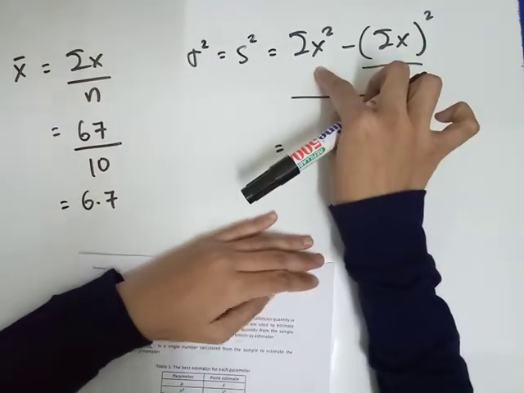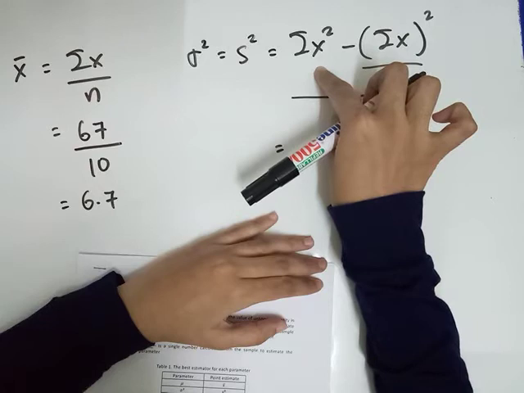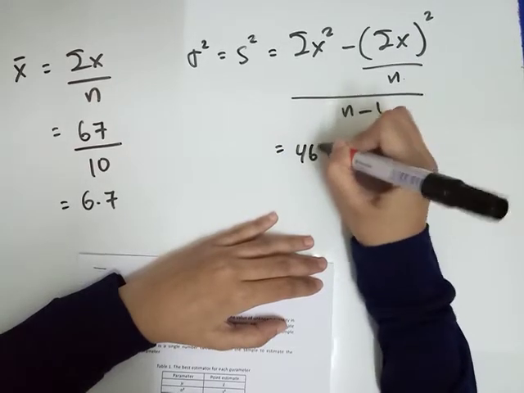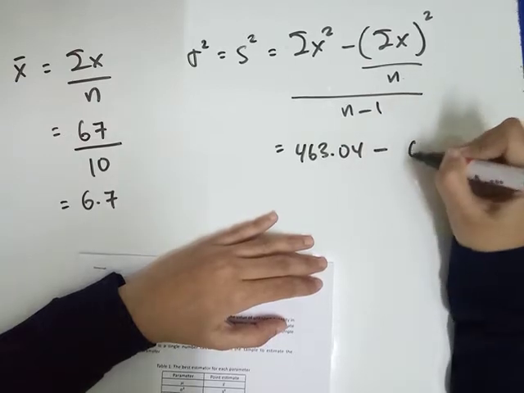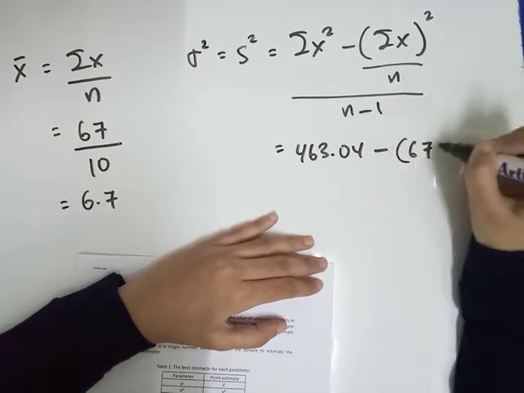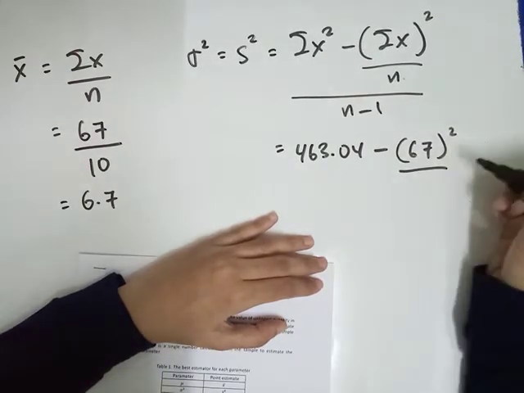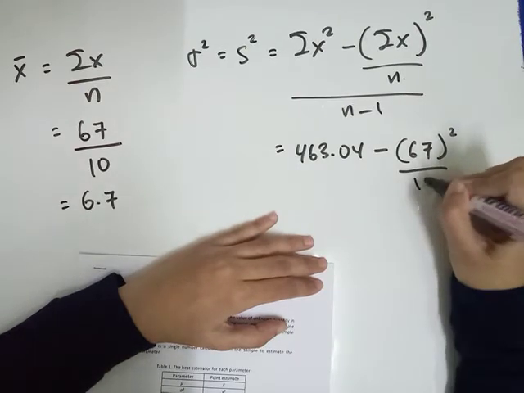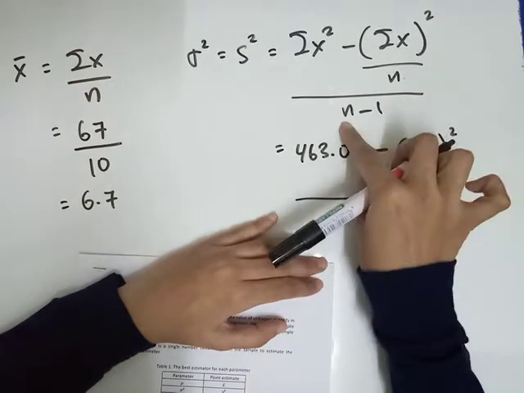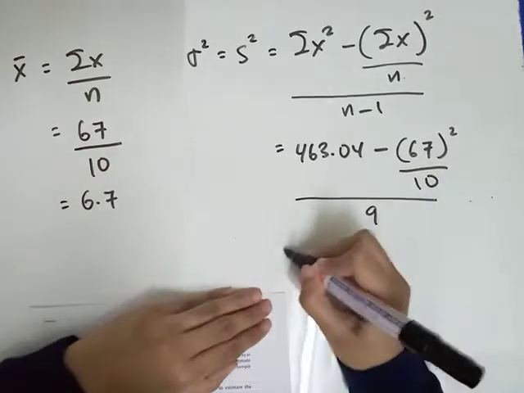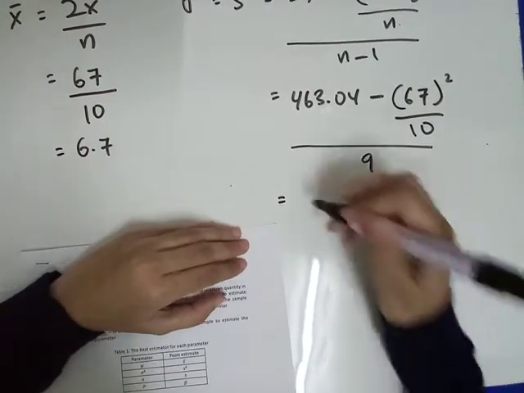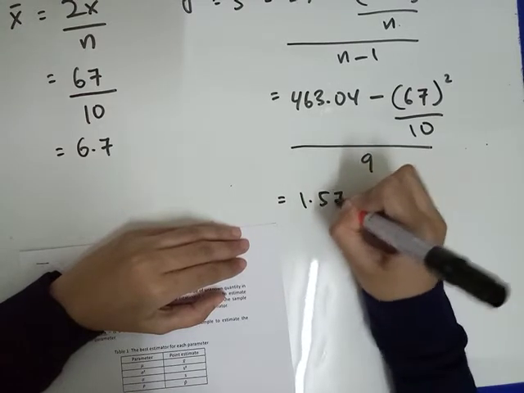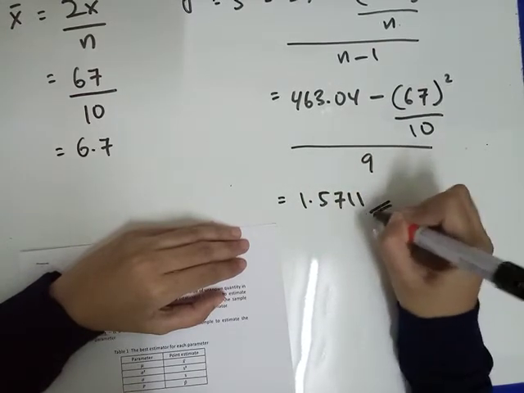So total x squared is 463.04 minus total x, which is 67, squared, divided by the sample size, which is 10, and then divided by 10 minus 1, which is 9. Then calculate, you will get 1.5711. So this is the answer.